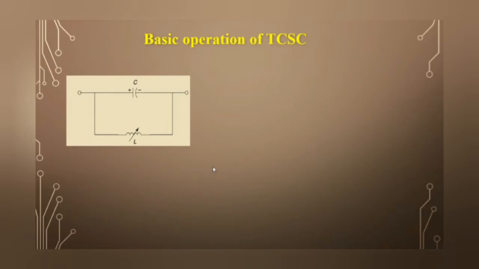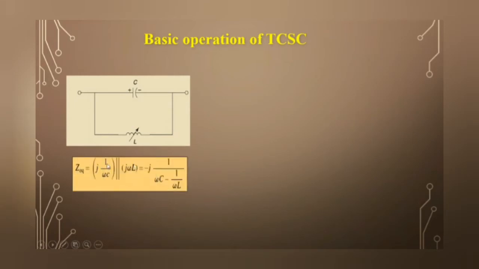A simple understanding of TCSC functioning can be obtained by analyzing the behavior of a variable inductor connected in parallel with a fixed capacitor. So the equivalent impedance for this LC combination is Z equivalent equal to (1 upon j omega C) in parallel with j omega L, which equals minus j times 1 upon (omega C minus 1 upon omega L).